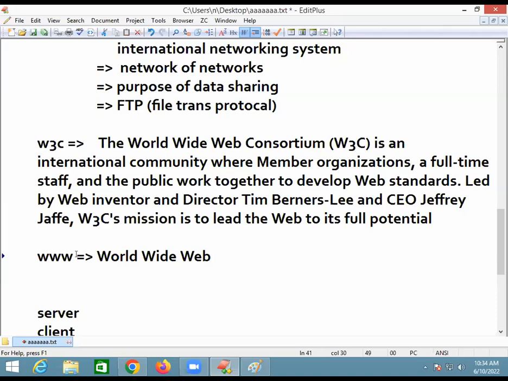HP, Samsung, Dell, Toshiba, Asus, Acer, Lenovo, all these are manufacturers' names, sir. That is not my question. I'm asking, what is the name of your computer? I'm not asking the manufacturer name of the computer. Name of your computer.